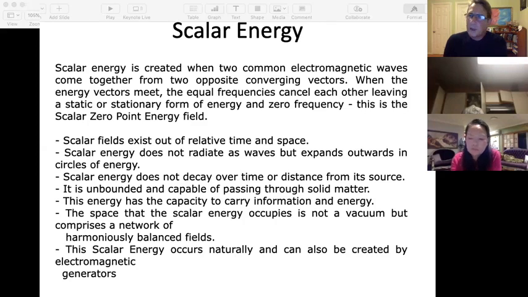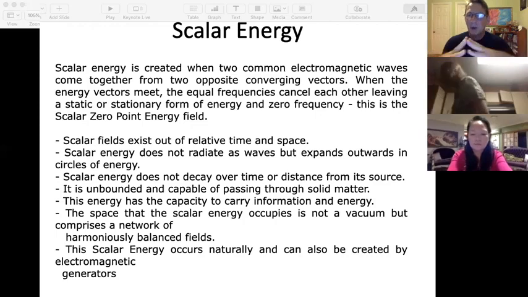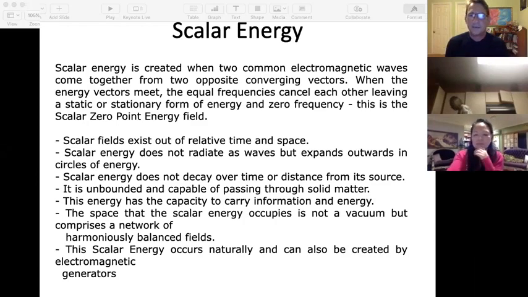Okay, so unlike electromagnetic energy, where it travels through space and it hits different obstacles and then gets blocked, scalar waves go through all matter. They cannot be stopped. And so it doesn't matter where you are, you will always get access through these particular scalar fields that are being generated.